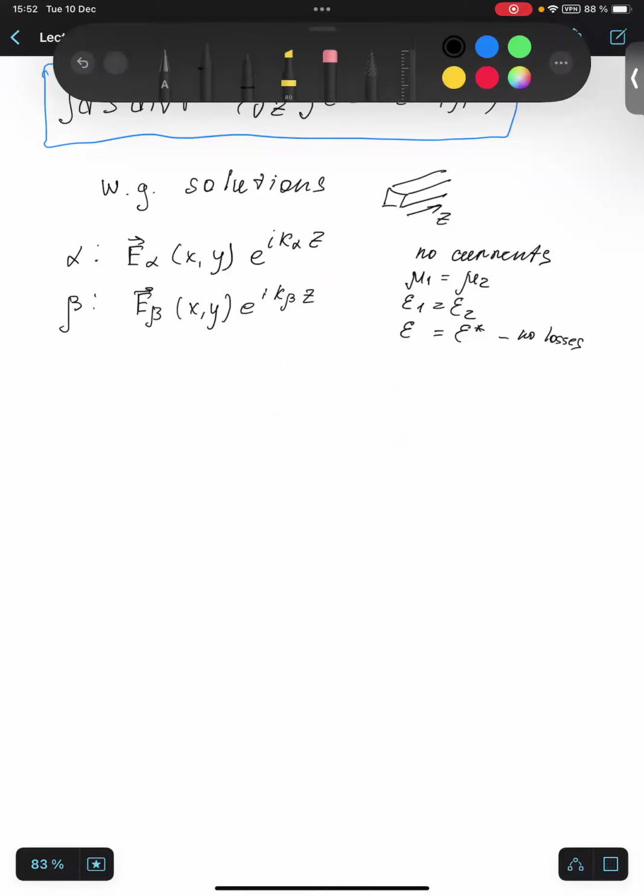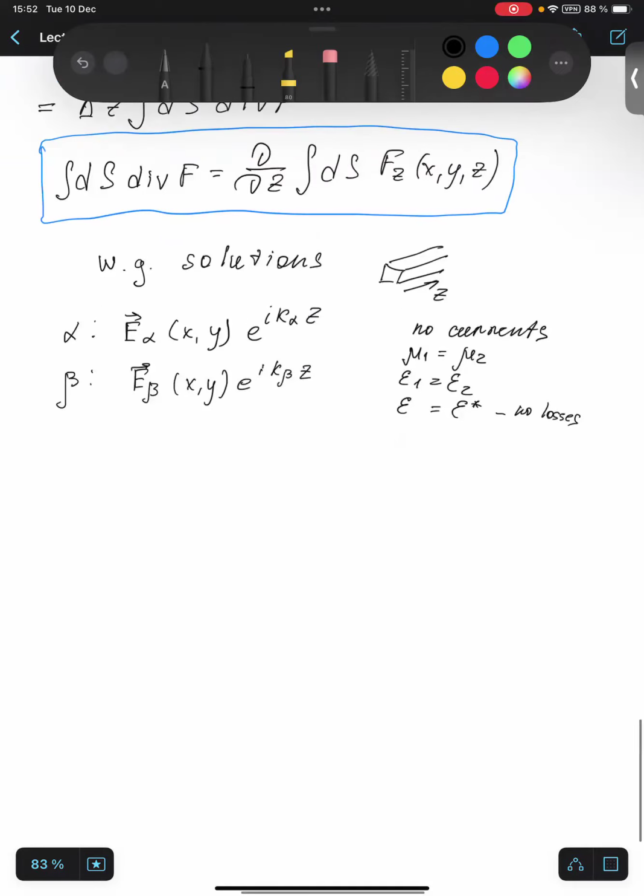So let's substitute it. Also from here, the divergence.